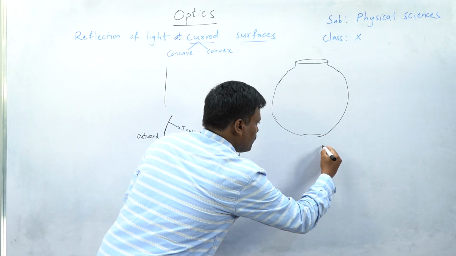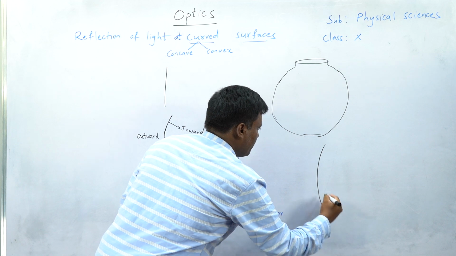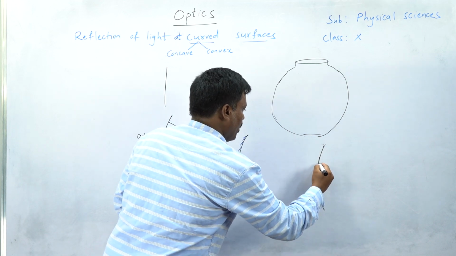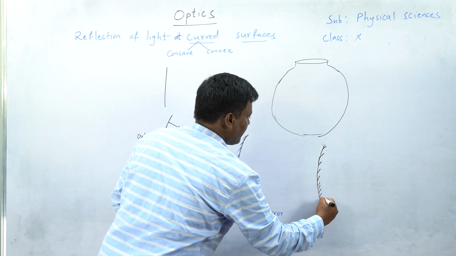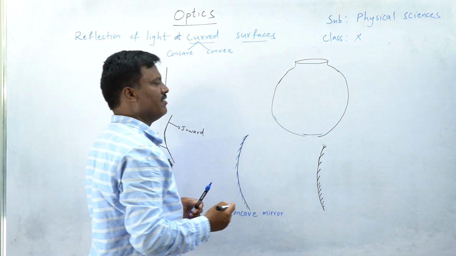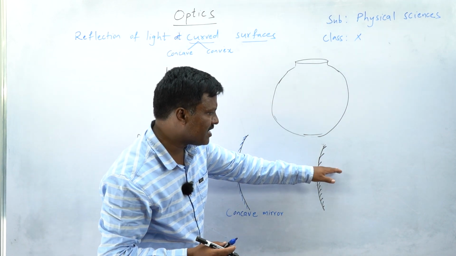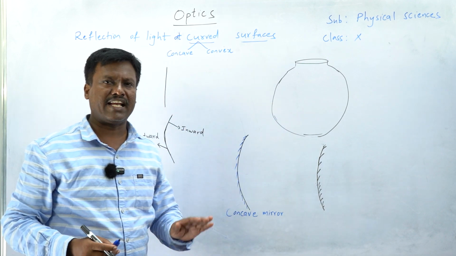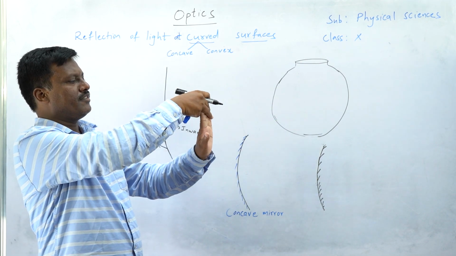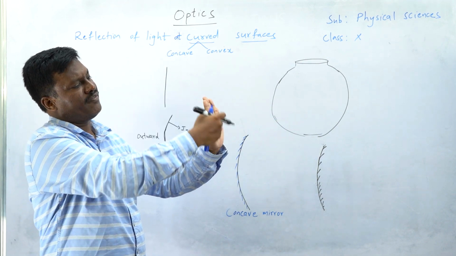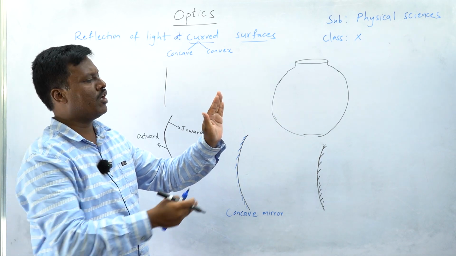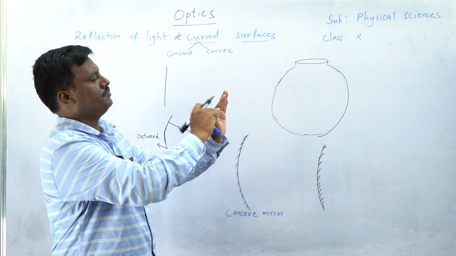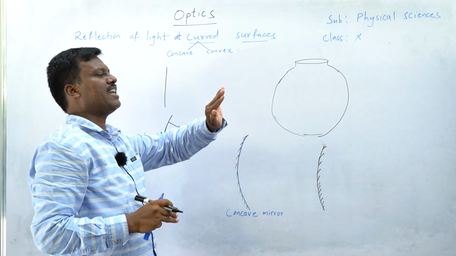And this one you see, same part of the mirror. Now we are going to do silvering on the inward surface. When the inward surface is silvered, then the outward surface acts like a mirror. So this surface is silvered and this surface acts like a mirror.